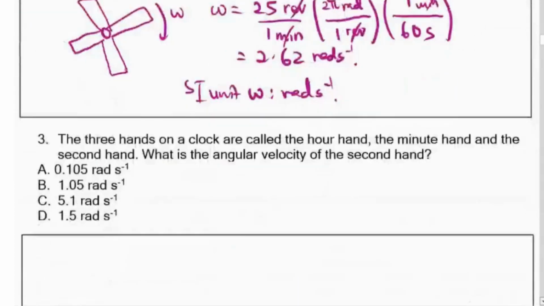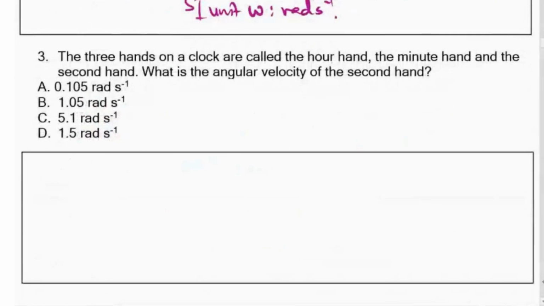Next, question 3. You are given 3 hands on a clock called the hour hand, the minute hand, and the second hand. What is the angular velocity of the second hand? So we are looking for omega. The concept is that omega is 2 pi divided by the period. So what is the period for the second hand?